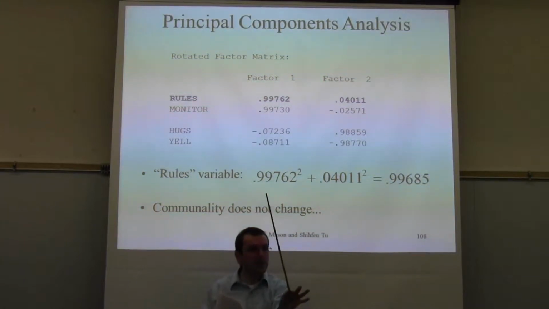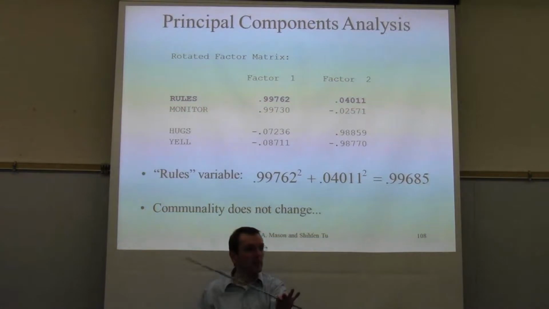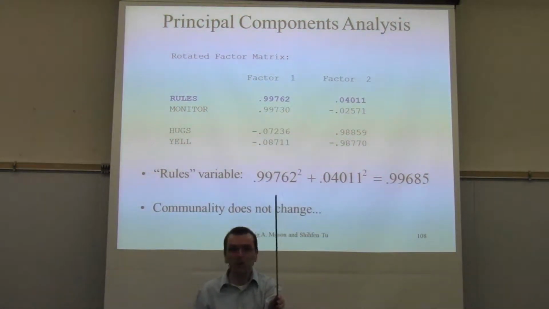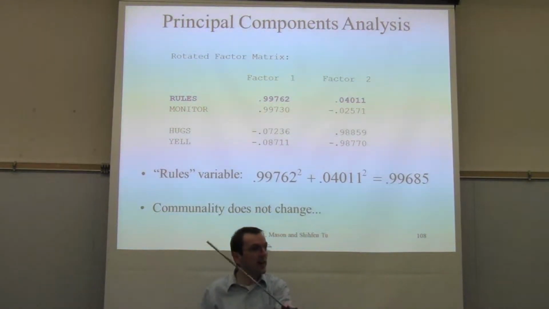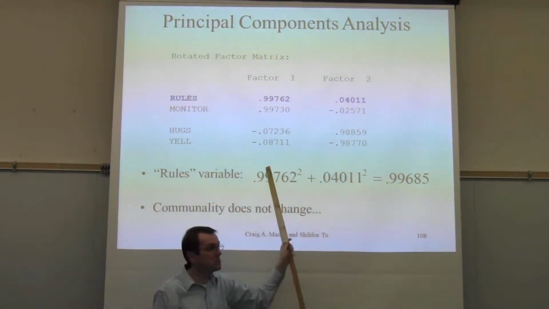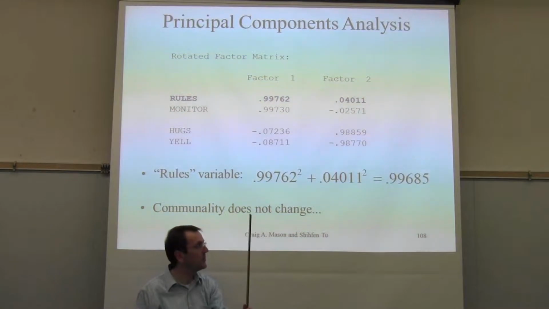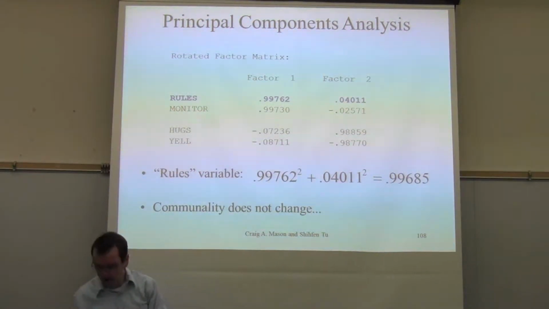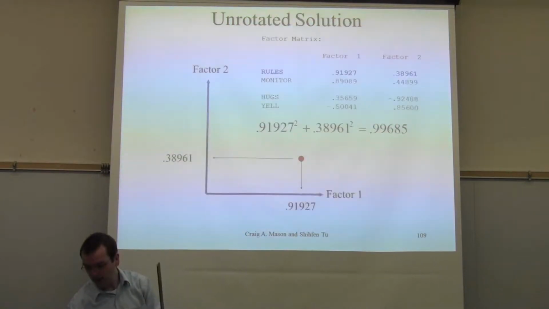Because remember, we didn't change anything when we spun the map around. We didn't change the relationships between the variables or anything. We just shifted the roads. So we're not changing anything other than just switching the scaling around a bit. So the communalities are still exactly the same, even as we've shifted stuff around.